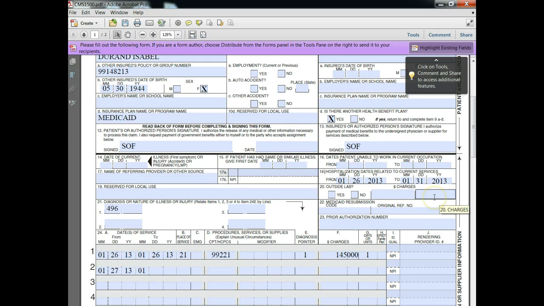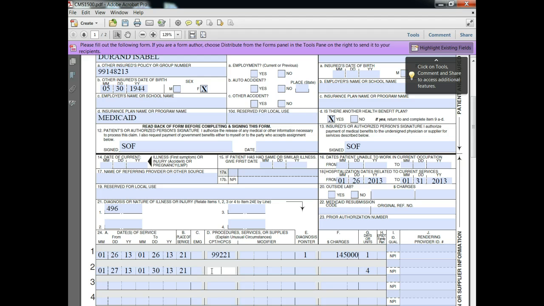So we need to charge for January 27th, January 28th, January 29th, and January 30th, which is going to be 4 days. So we're going to put 4 days in the units, and we'll put 01/30 here. Again, it's going to be 21 because it was in the hospital.